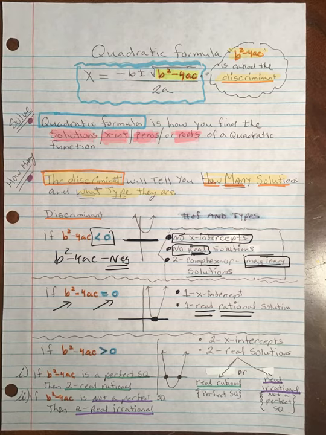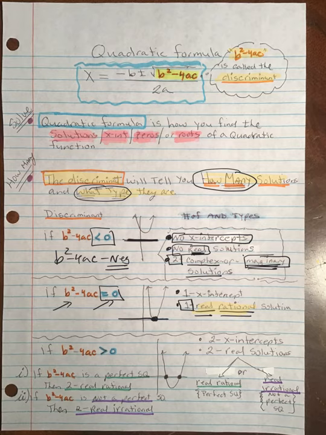So a real rational solution. The discriminant will tell you how many solutions, right? We had 2 and they were imaginary. So it'll tell you how many and what type they are, right? So if it equals 0, you will have 1 solution and it will be real rational.